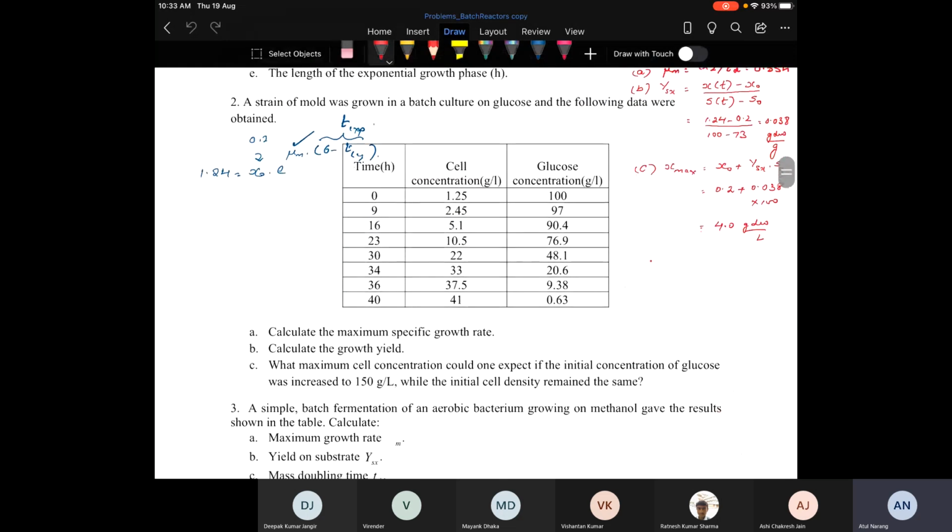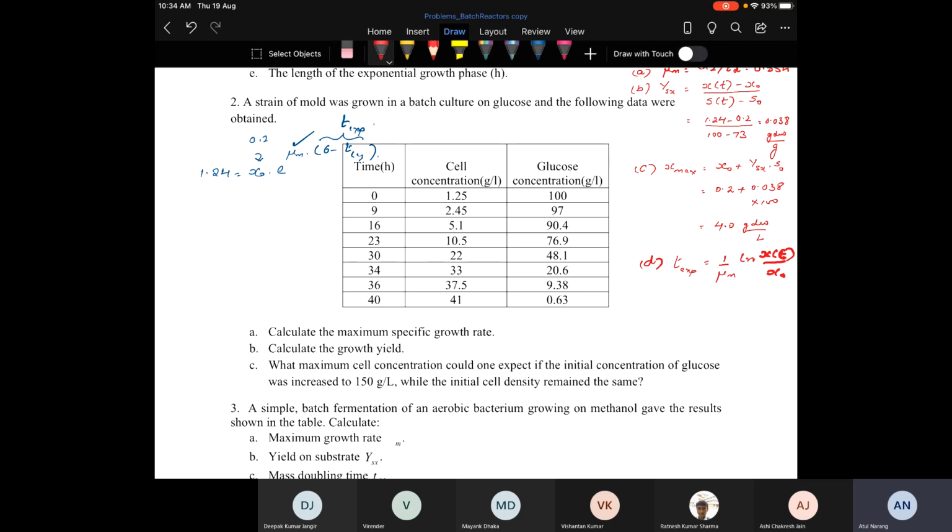So D says that TEXP, which is the exponential part of the growth during the first 6 hours, is essentially equal to 1 over mu m ln of x of t divided by x0.